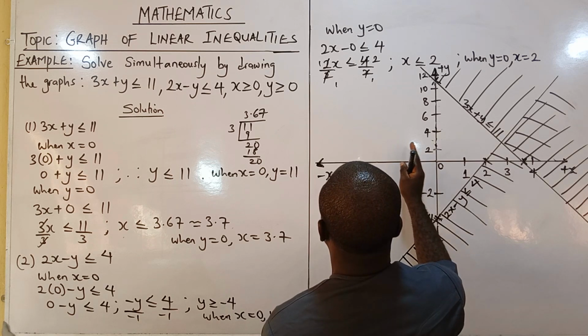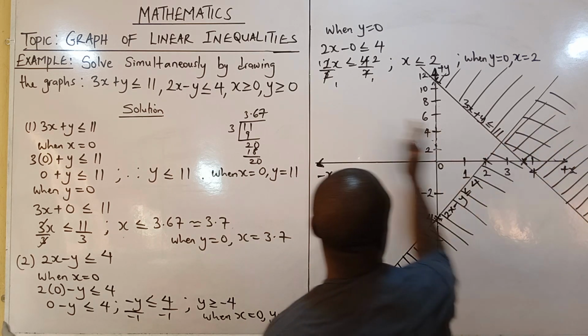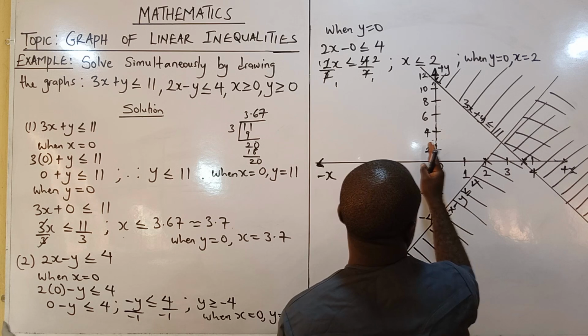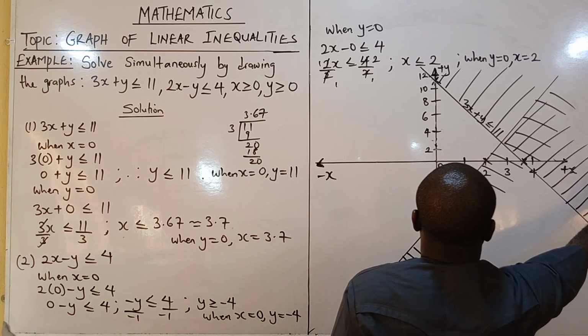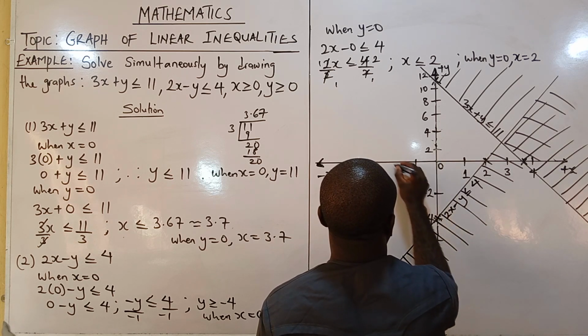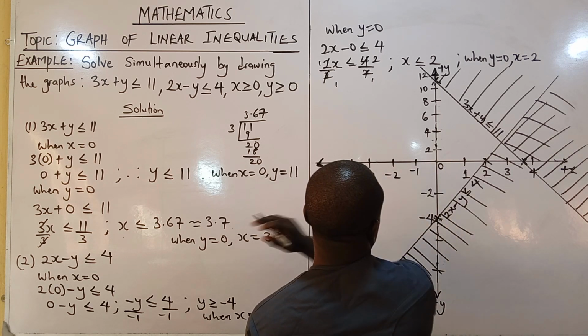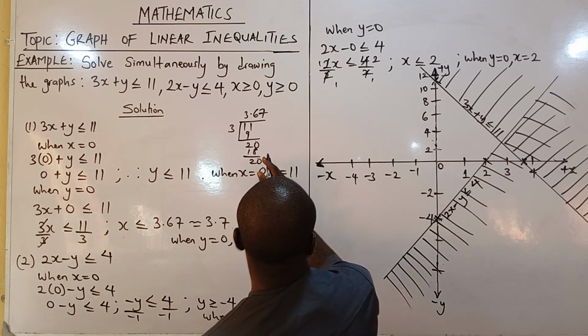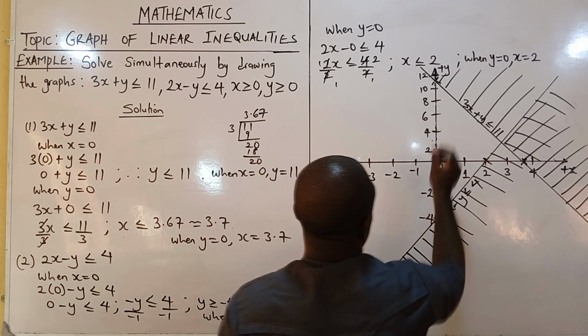We're interested in greater or equal to 0. You now shade from here, because 1, 2, 3, 4, 5 are higher numbers, but when you are coming here, you have -1, -2, -3, -4, and so on. These are less. We're interested in greater than 0, so you shade this side.